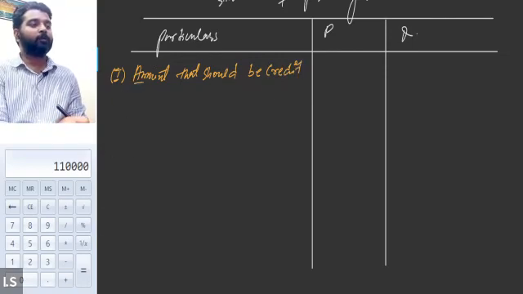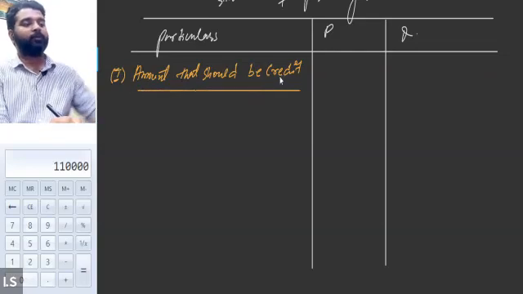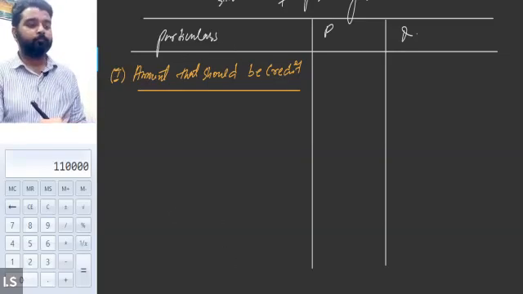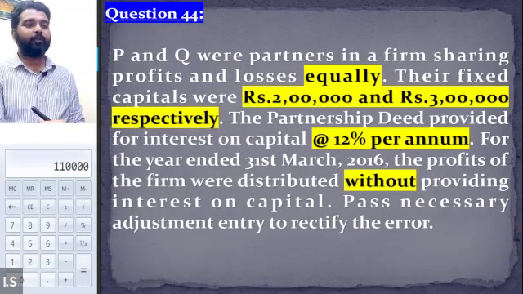That is, the amount that we forgot to credit in the partner's capital account. How much is the amount that we forgot to credit in the partner's capital account?